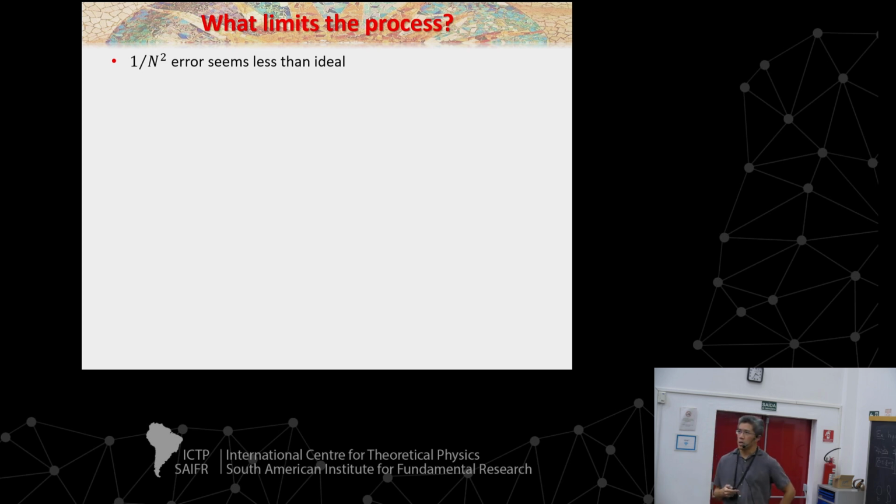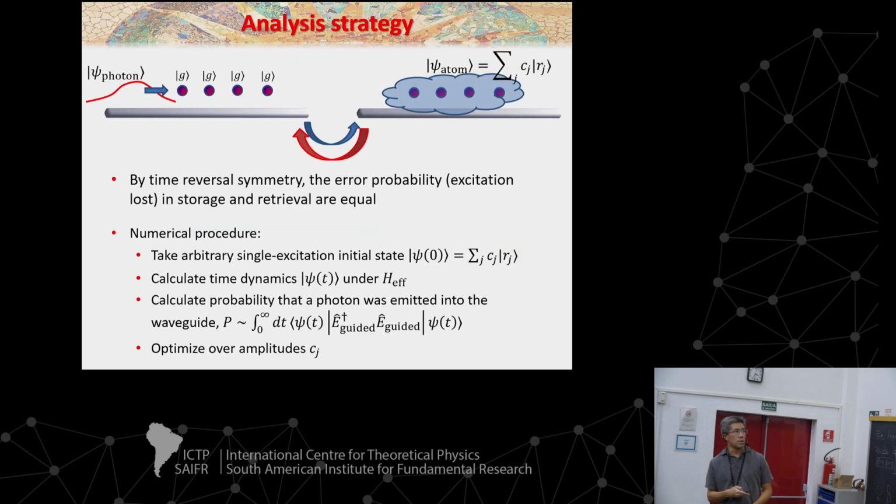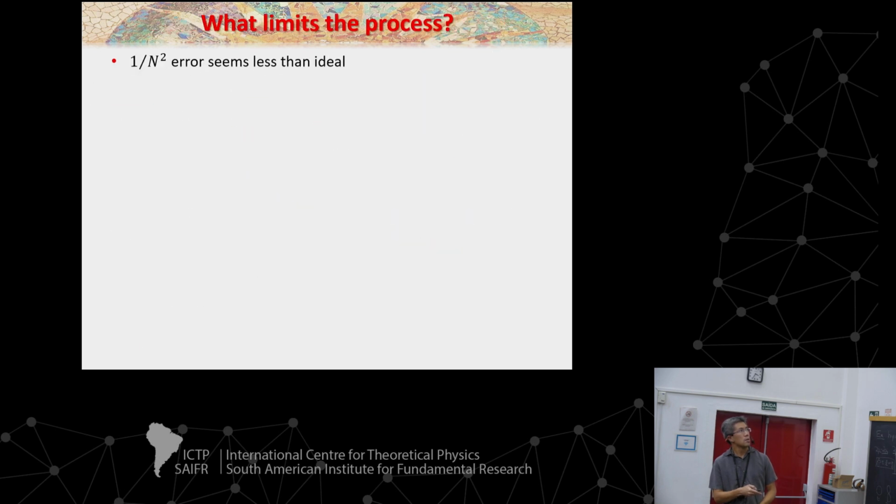But now let's be greedy. Let's say 1 over n squared doesn't seem that great, actually. Because even if I go back to the usual Maxwell-Bloch equations, I already have a 1 over n scaling, because I have this notion of collective enhancement into my nanofiber. So one of these factors of 1 over n I'm getting for free, even in the Maxwell-Bloch equations.